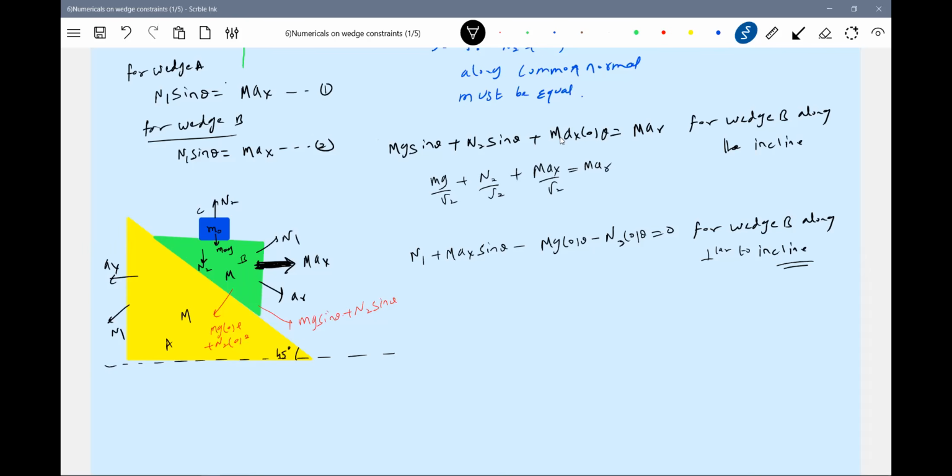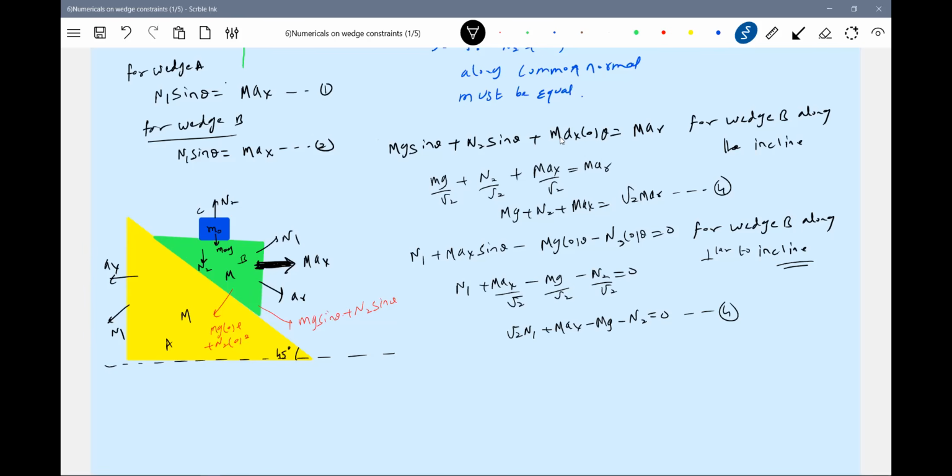If I write it in a more systematic way, equation 4: N1 plus m ax by root 2 minus mg by root 2 minus N2 by root 2 equals 0. Equation 5. Still we are unable to do anything.